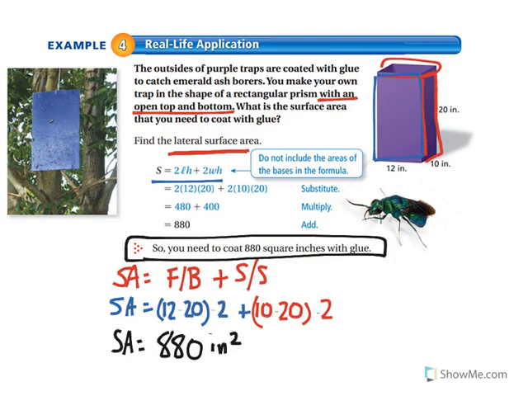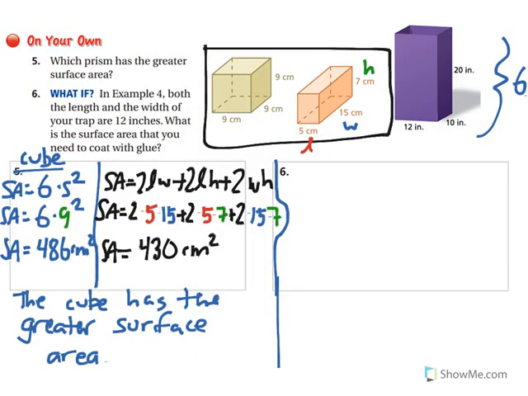Let's look back over here. We are shown that they call the length 12 and the width 10. So we're looking at these two numbers. We're not going to change this into a 12 inches. That's the only difference.